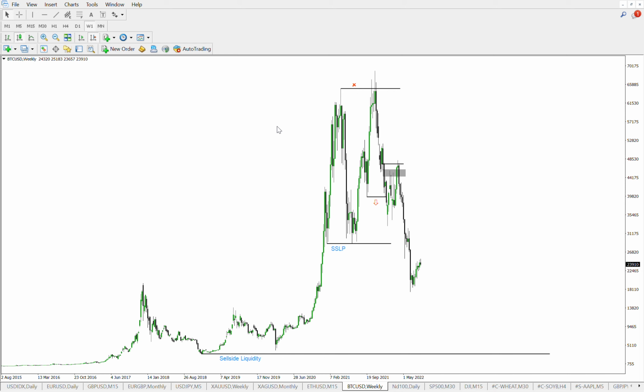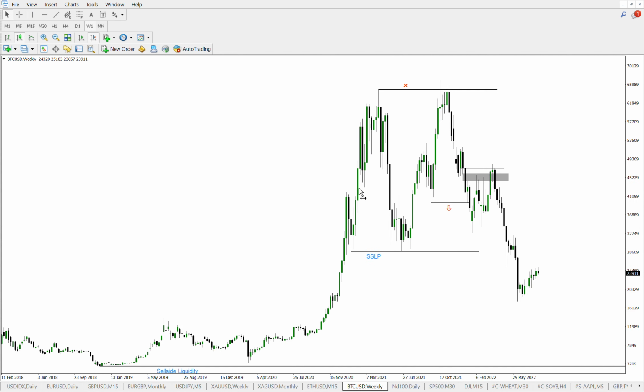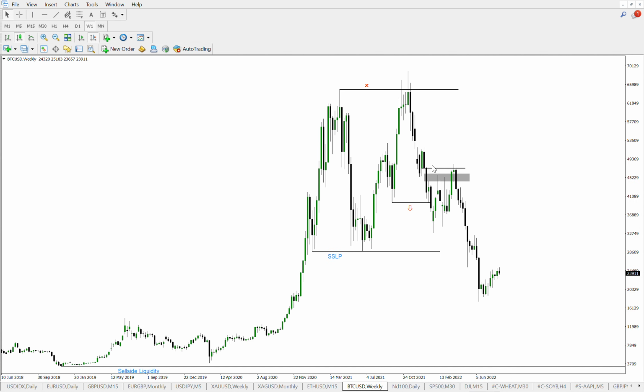Okay, so what we're going to have to do is find the current dealing range. So we have this candle's high in here. This is a swing high. I'll zoom in. So you have this swing high right in here. Okay, that is our range high, and this is our newly formed range low.